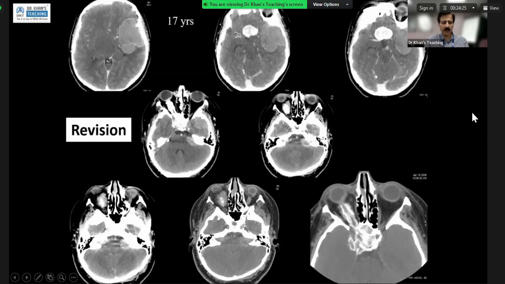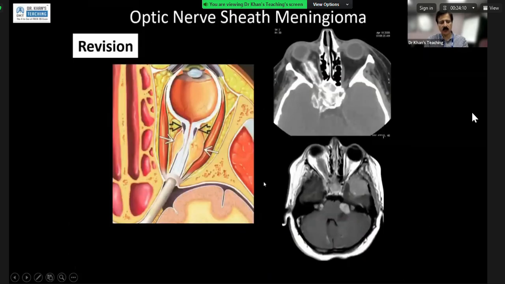We have done this case in our CNS. This is NF2, and we can see a meningioma which was suprasellar, and from there it is extending into the optic nerve. There is a lot of calcification. So you can see this calcification. And this patient, on contrast, has got bilateral acoustic schwannomas, meningiomas.